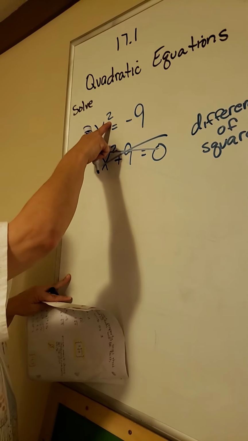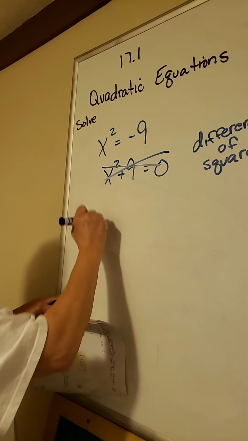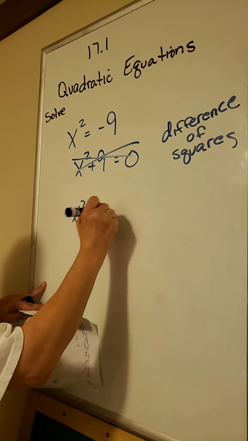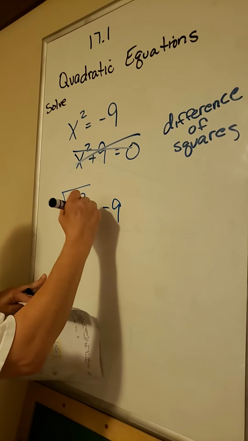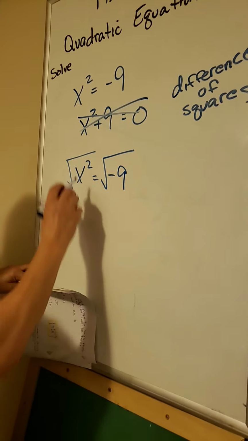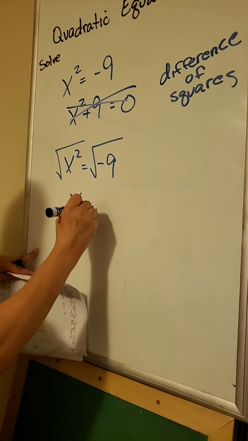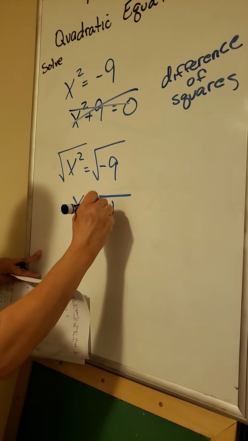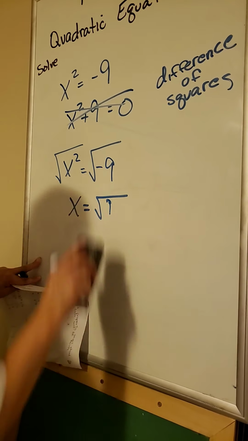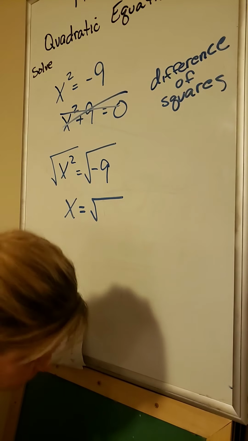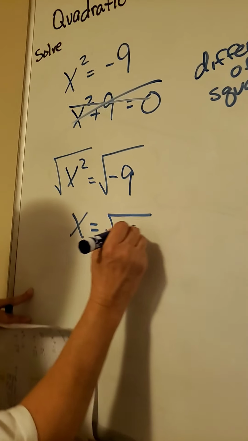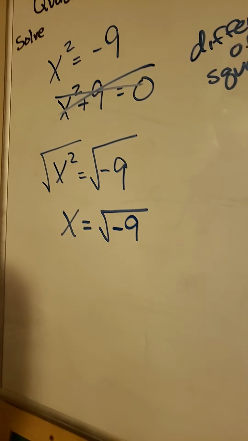Well, this has got a square on it, so we know that we can take the square root of both sides. So the square root of x squared is x, equals, so now you've got this. Now, this is something, but for this math class we don't go into what it is.